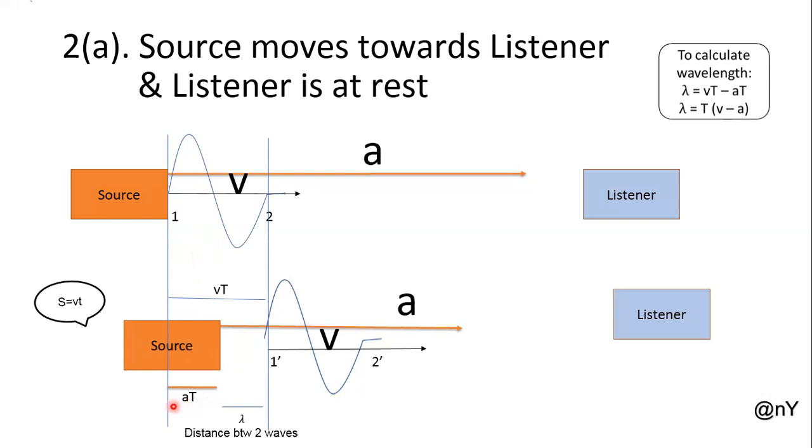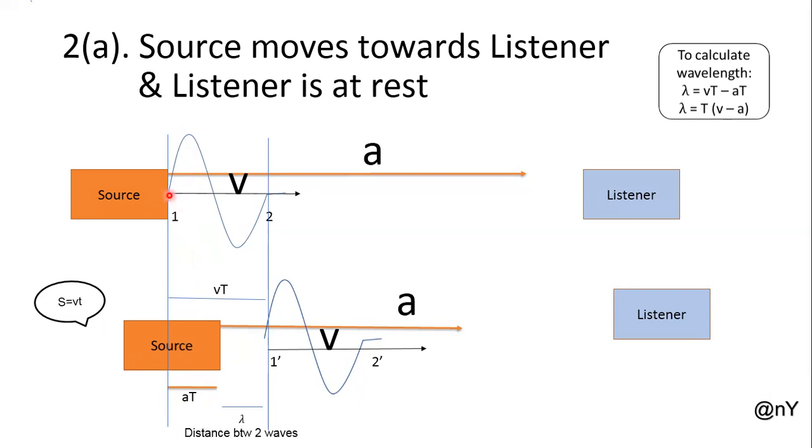Now, how do you get this distance? Since we know by physics formula that S is equal to VT. And since I have taken for convenience the velocity of source as A, so replacing V by A, we have AT. Moving on, after some time, capital T, the sound waves will also move.